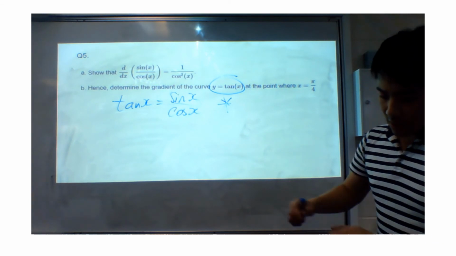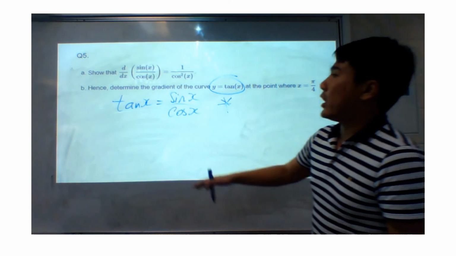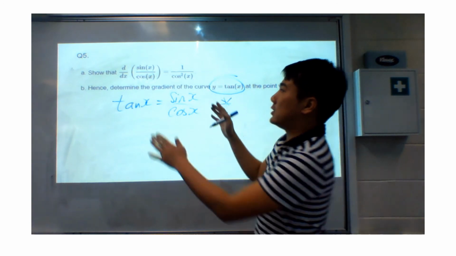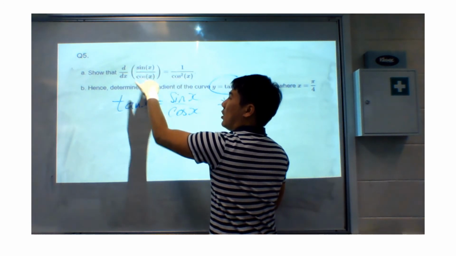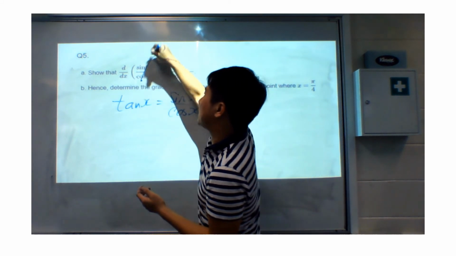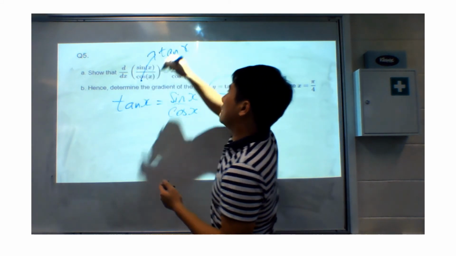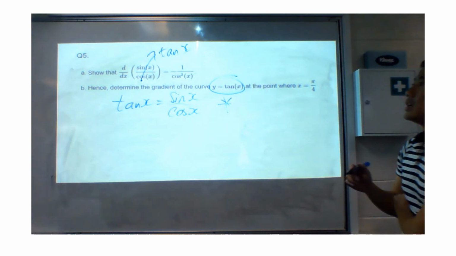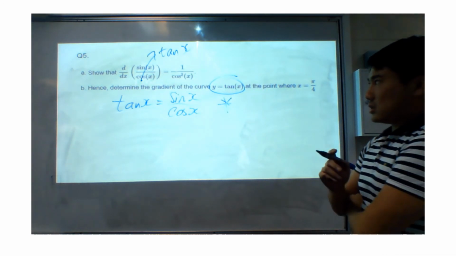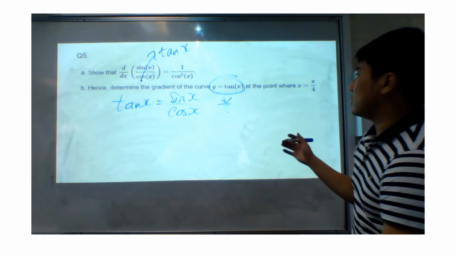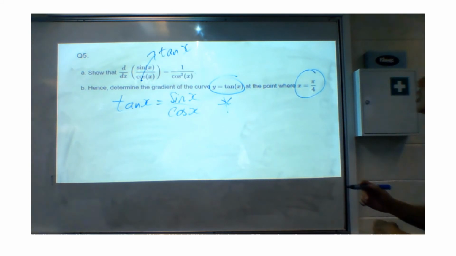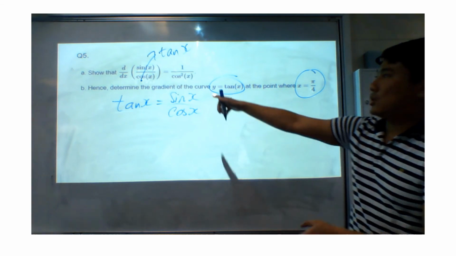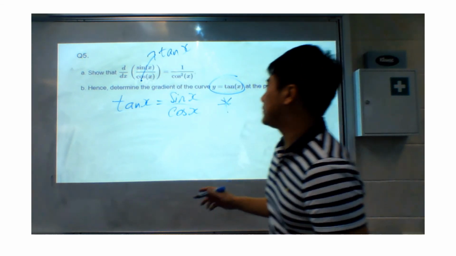So, before, you have already worked out, or it has already given you, the derivative of tan x. Pretty much this is saying the derivative of tan x is 1 over cos square x. So all you need to do is sub in x equals pi over 4 into the derivative function.